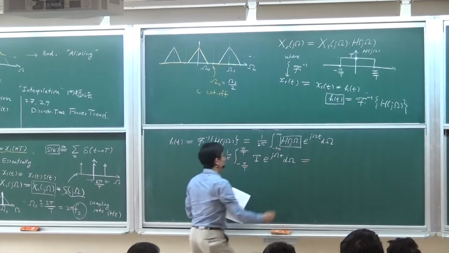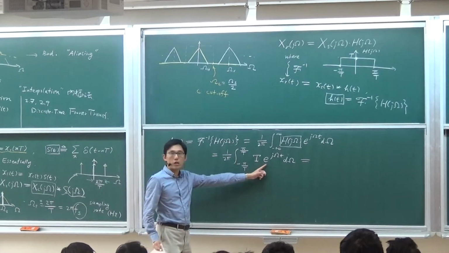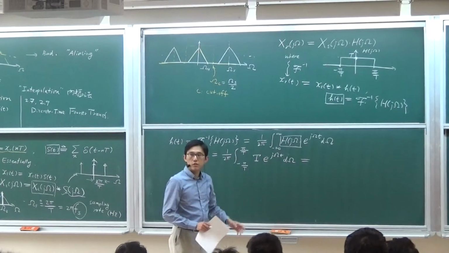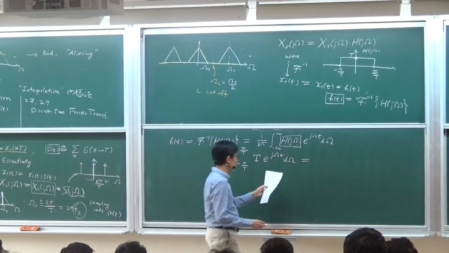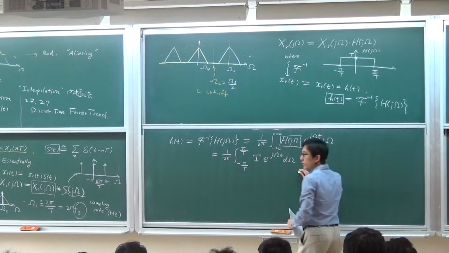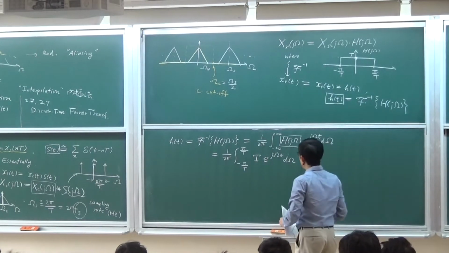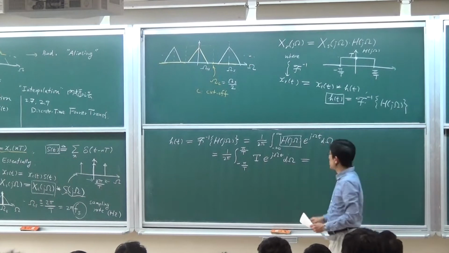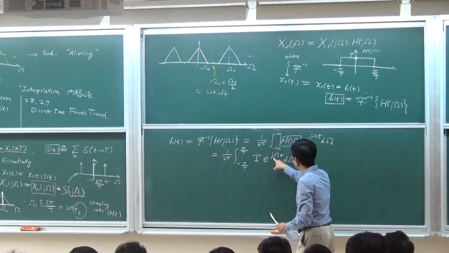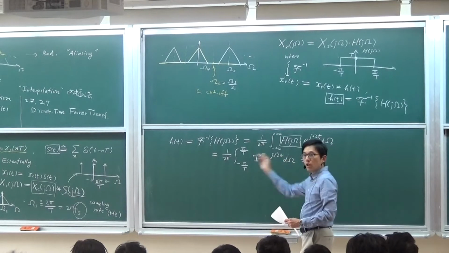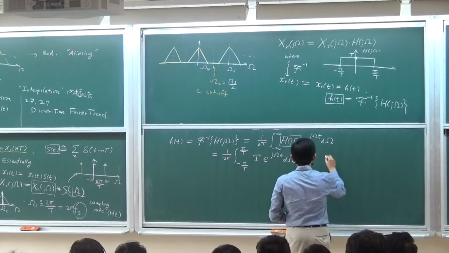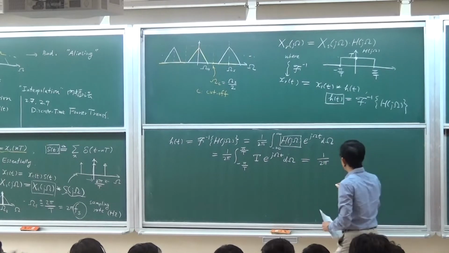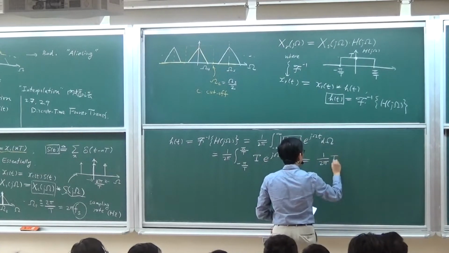So we just continue. This integral is not hard to perform. It's a matter of simple calculus. But note that we are going to integrate over omega, not over t, so in the end the exponent needs a 1 over jt. So here we have 1 over 2 pi, and T is right there.